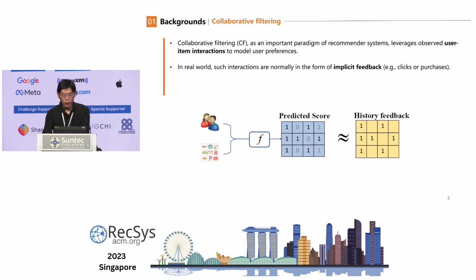Collaborative filtering, as an important paradigm of recommender systems, leverages observed user-item interactions to model user preferences. In the real world, such interactions are normally in the form of implicit feedback, for example, click or purchase.